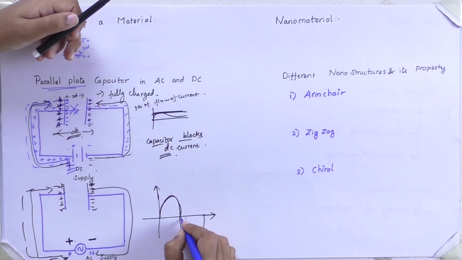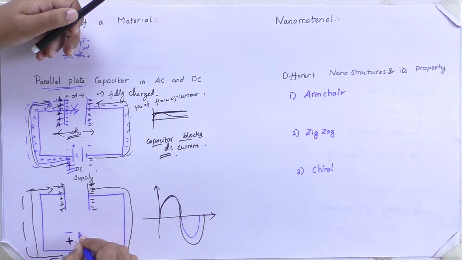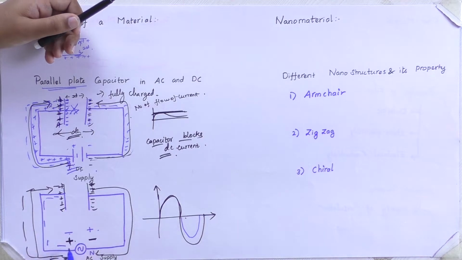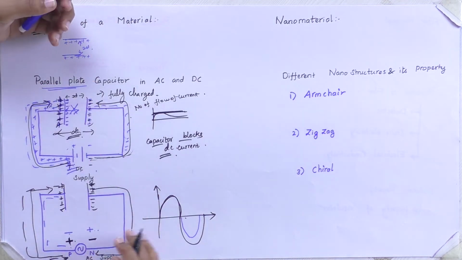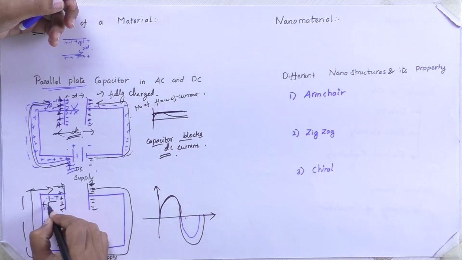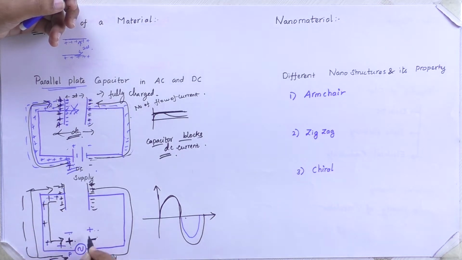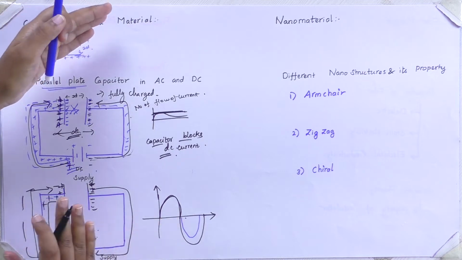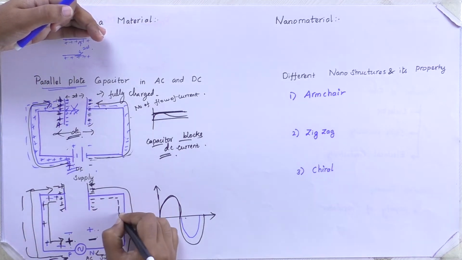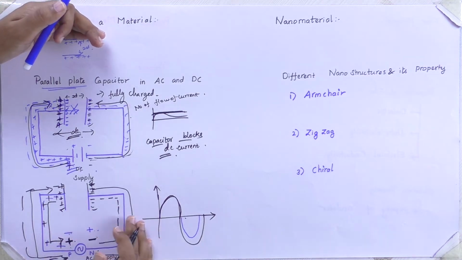During the negative half cycle the supply will be reversed, minus and plus. So the positive charges will move towards the negative terminal, and in the same way, reversed, the negative charges will move towards the positive terminal.